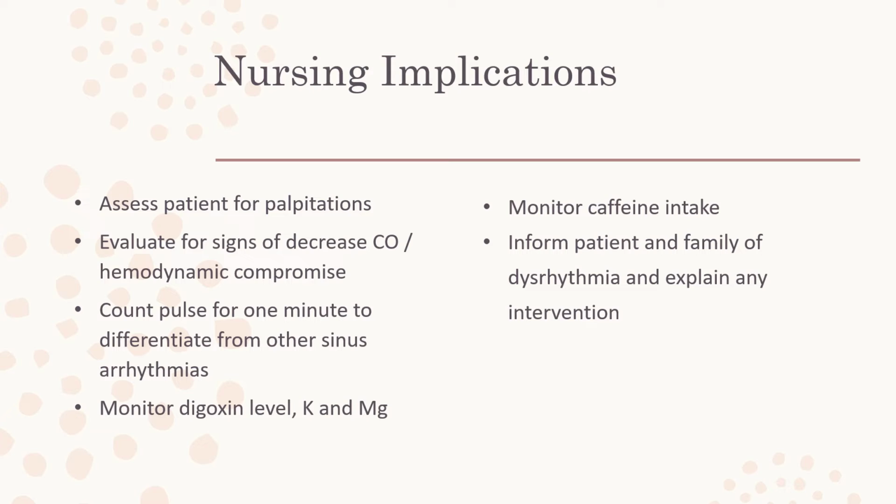You can count the pulse for 1 minute to differentiate this from a sinus arrhythmia. And then monitor the digoxin levels, potassium and magnesium, monitor caffeine intake, inform patient and family of any dysrhythmia that is found, and explain any intervention.